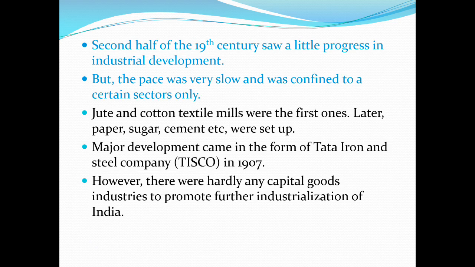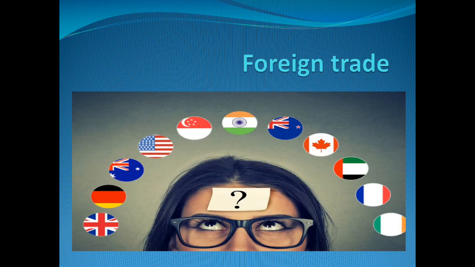So I hope you all have a proper understanding of this concept. Further, we will move on to the next slide, which talks about foreign trade. Girls, what do you understand by foreign trade? So far we did the industrial sector, now we are talking about foreign trade.